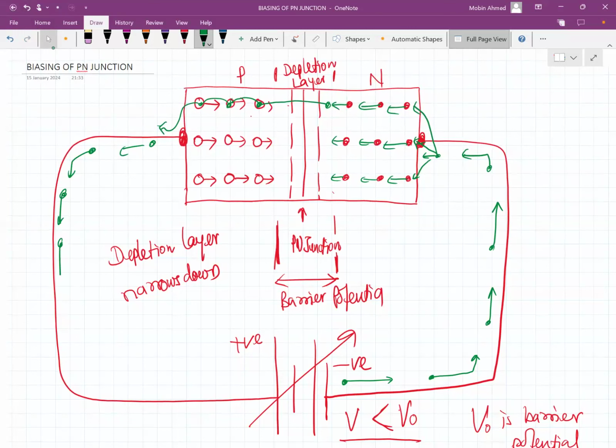Inside the semiconductor, holes flow, but in the conductor, only the electrons flow. And likewise, the electron flow will be completed. So the current starts flowing in the circuit. This is the current that is going to flow, and this is the conventional current.